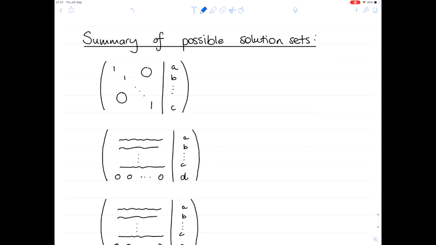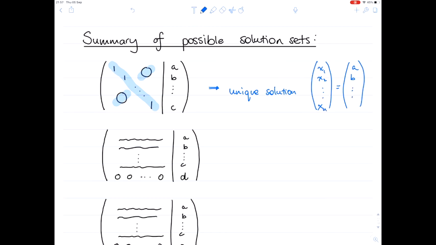If we end up having finished our Gauss reduction with a reduced row echelon form that has a diagonal of 1s and everything else is 0, so these big zeros represent zeros everywhere, then we have a unique solution which will be something of the form x1 is equal to a, x2 is equal to some b, and you keep going, you get xn is equal to some c.